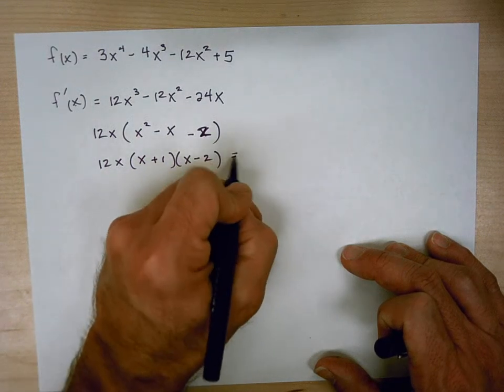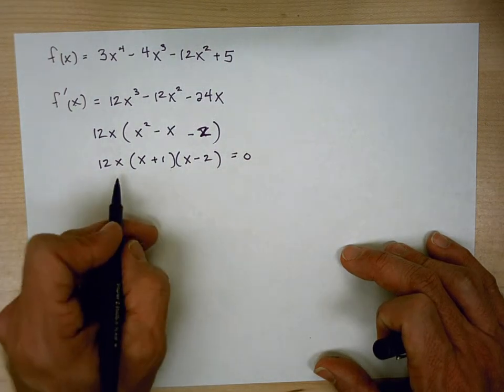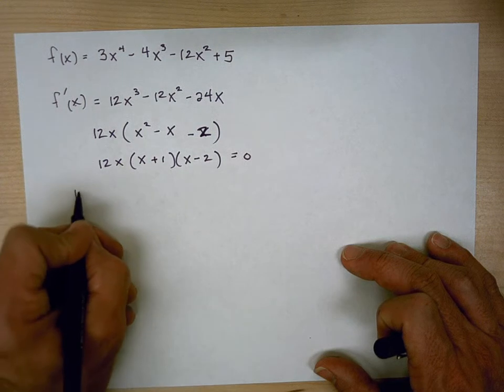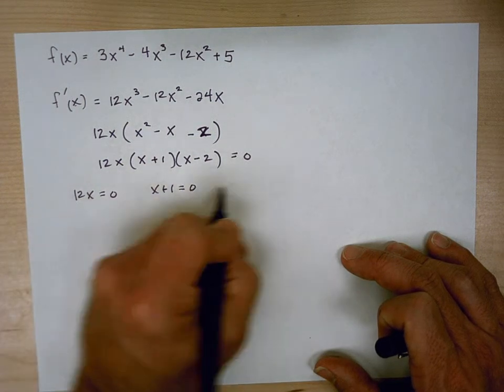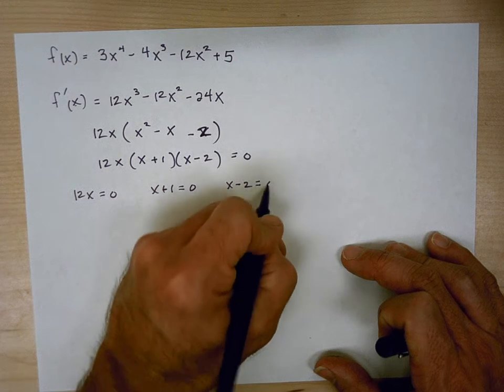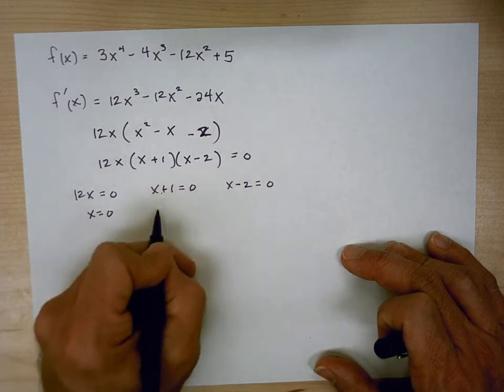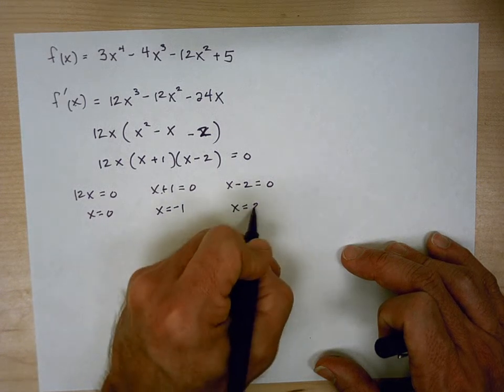So let's set that equal to 0 to find our critical points. All right, so again, we have a product of three things here, and it equals 0. So that means either 12x equals 0, or x plus 1 equals 0, or x minus 2 equals 0. The only thing that would make that true is for x to be 0. If x equals negative 1, then that statement is true. And here, if x equals 2, that statement is true.